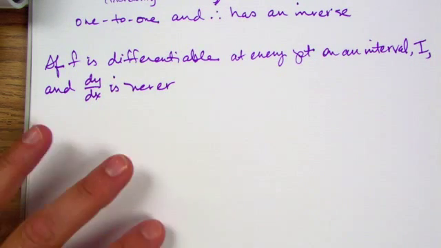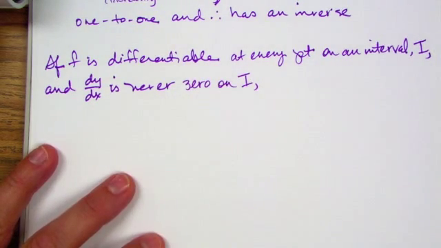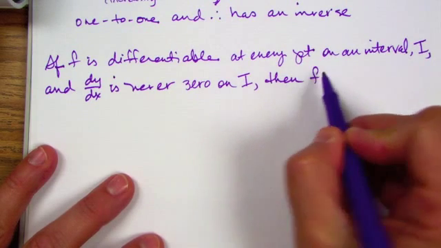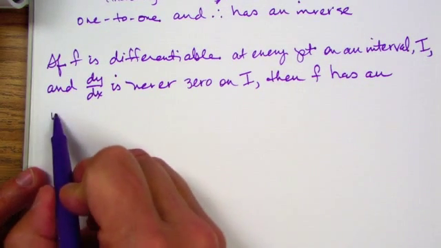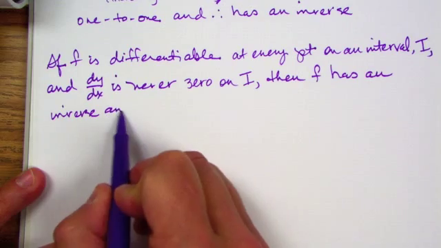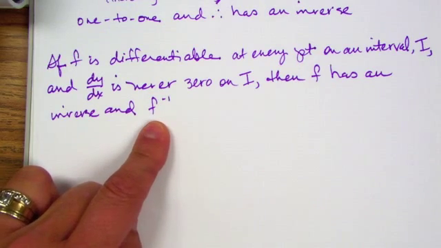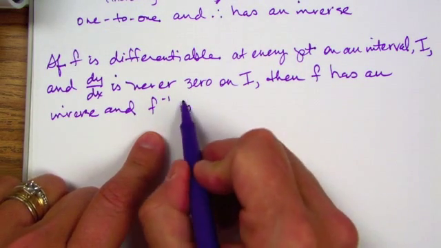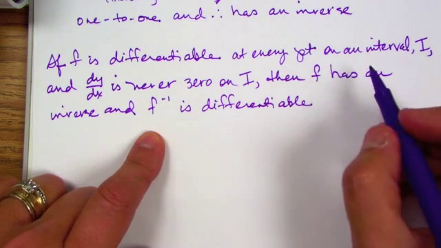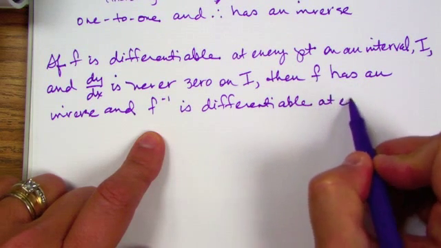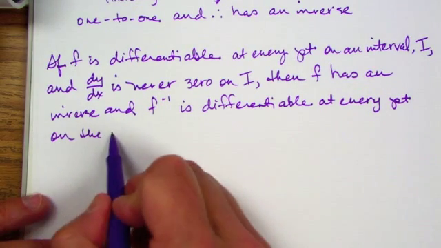Zero on I. Then f has an inverse. And the inverse, which we denote f negative 1, right, is differentiable at every point on the interval I.